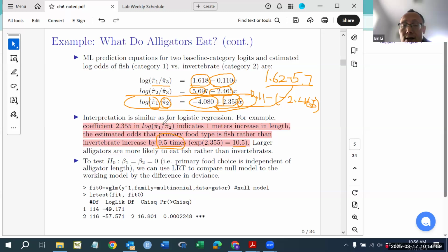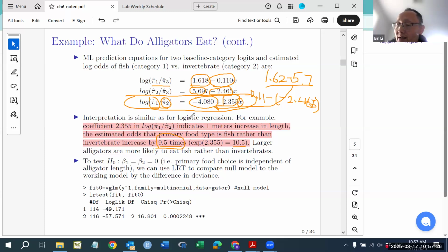Okay, but here you can see the larger the alligator, the higher chance that they will eat the fish as their primary food choice. So smaller alligators tend to eat the invertebrates.